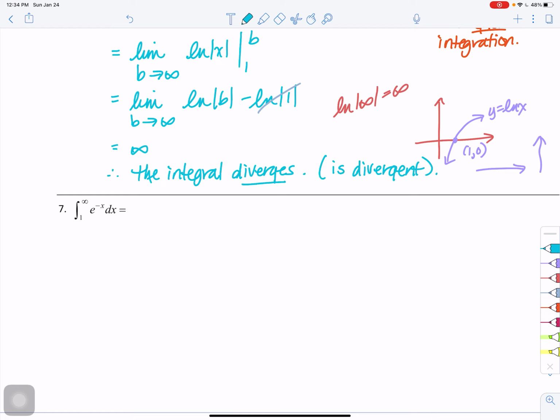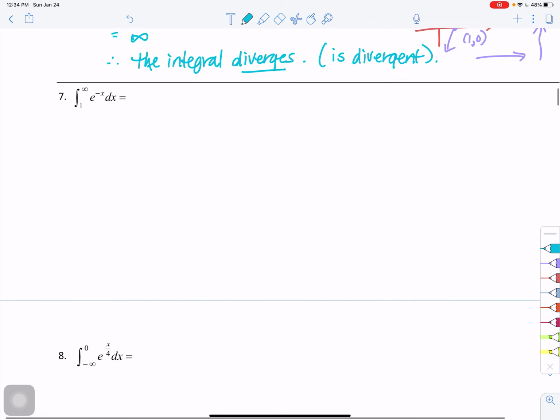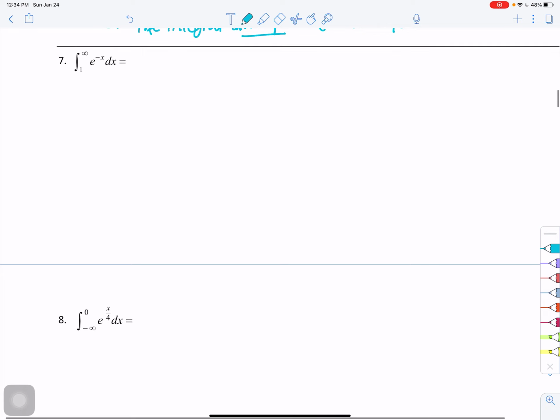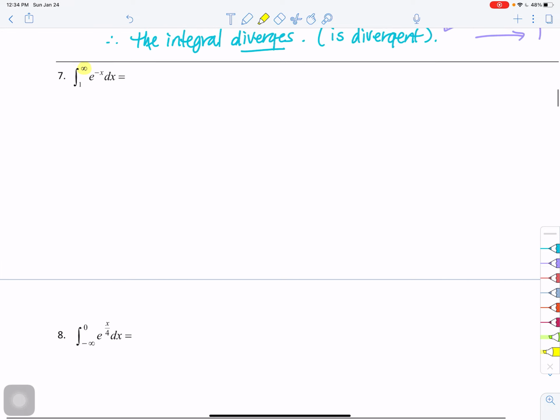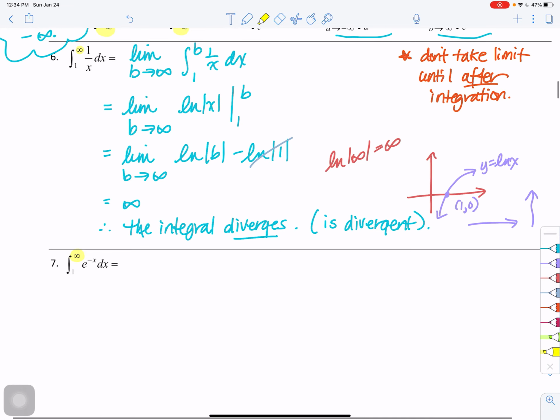Okay, let's give this a whirl. Number 7, the integral from 1 to infinity of e to the negative x dx. What do you notice? We have an improper integral. The upper limit of integration is infinity.